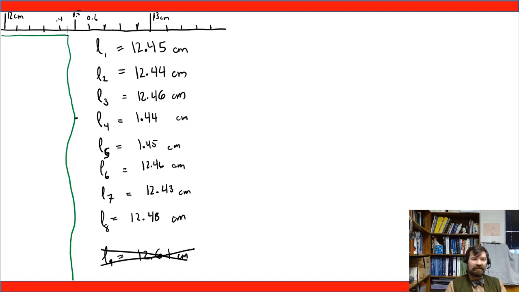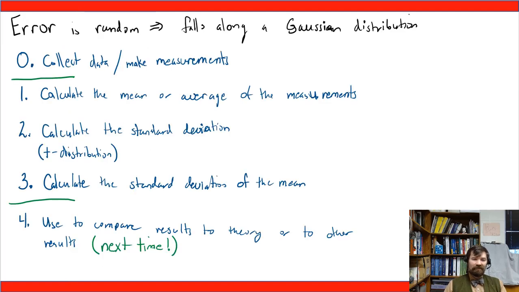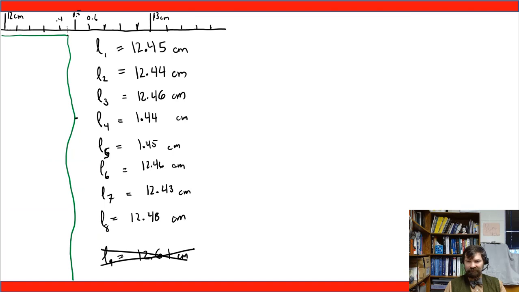So our first step then, coming over to our little menu, our recipe, after collecting the data, is to get a mean or an average. So the way that you calculate a mean in general, so let x with a bar on it be the mean value or average value of the x sub j's for the individual measurements, or indexes.